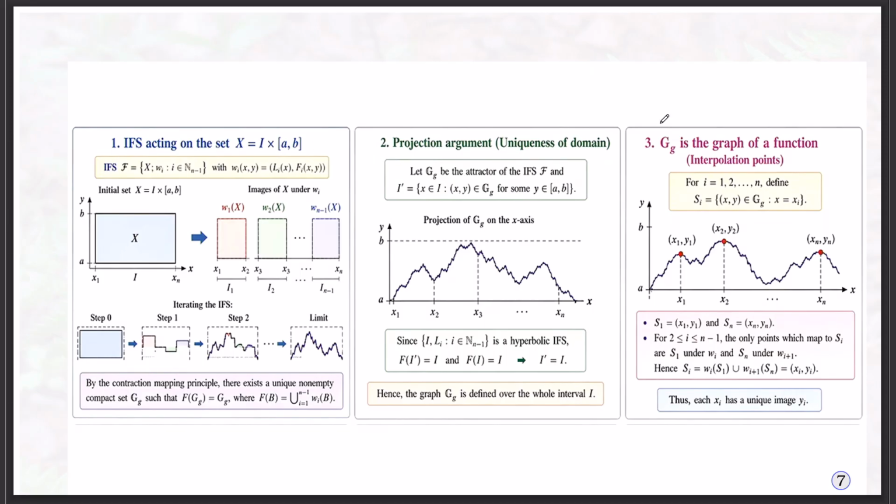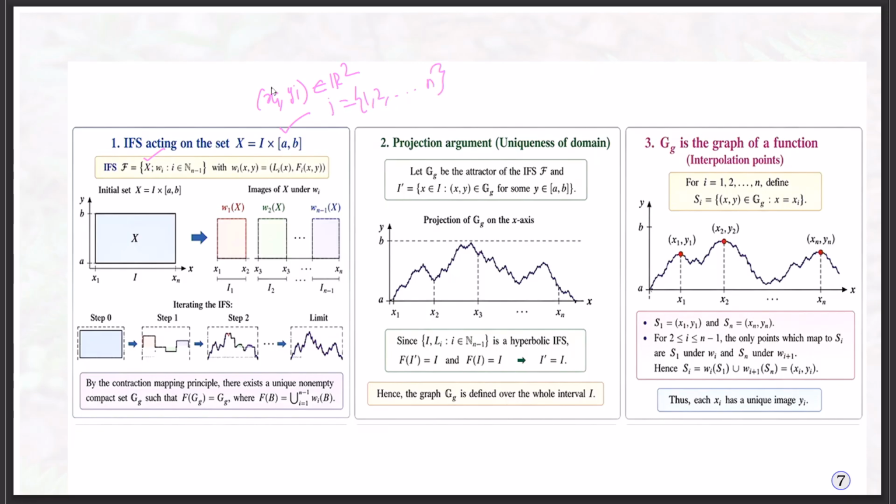We started with the iterated function system. How do we define X? I cross [a, b] is our X. The pairs (x_i, y_i) are the given set of data points in R squared for i equal to 1 to n.